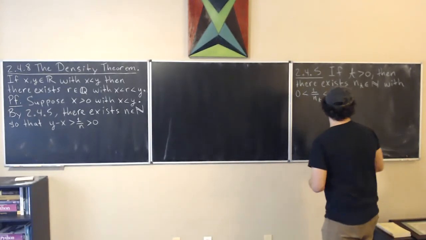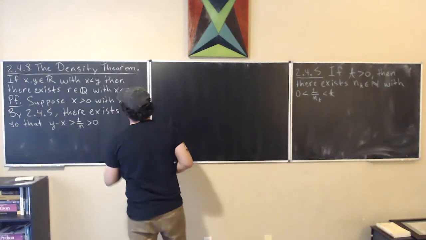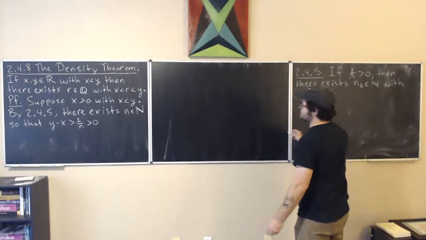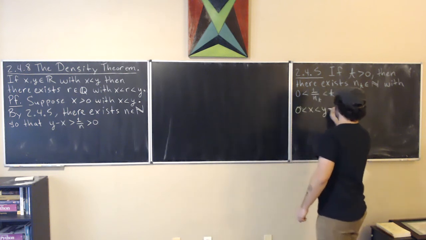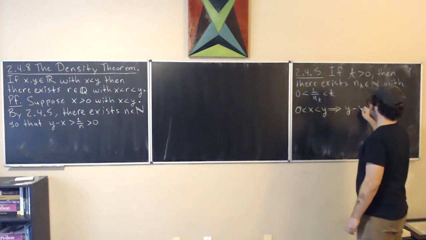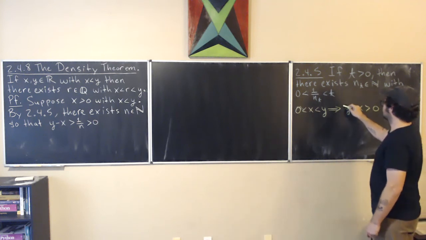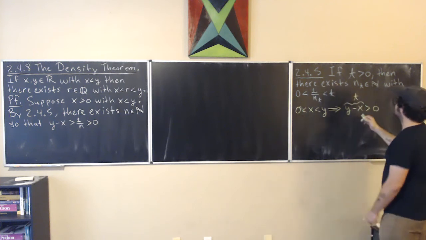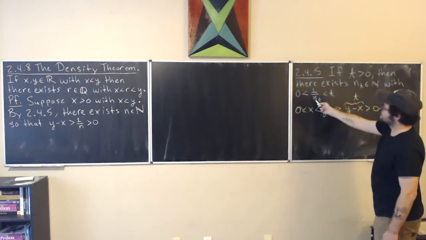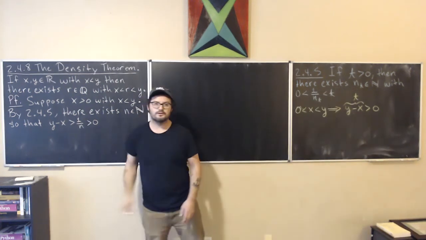In this theorem, 2.4.5, notice that x is strictly less than y, and x is greater than 0. So since 0 is less than x, which is less than y, this implies that y minus x is greater than 0. Now you can think of this as your t up here. So then this theorem implies that there is some natural number such that 1 over that natural number is less than t. That's like your t. So that's where this inequality comes from.